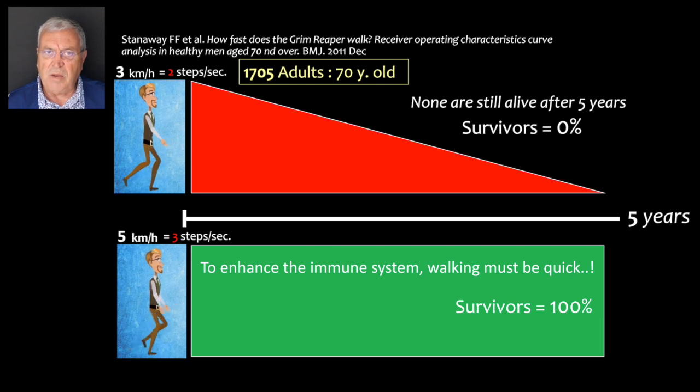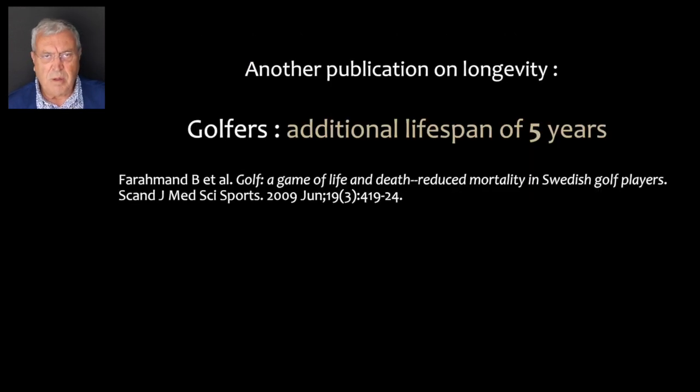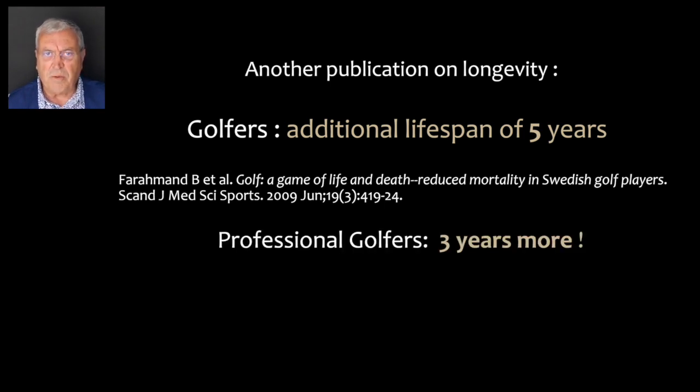And we understand that if we want to enhance the immune system and the health, we need to walk quickly. In the same reflection, this publication came to show that golfers, they have additional lifespan of 5 years because they walk often, quickly. But moreover, professional golfers, they are living 3 years more.